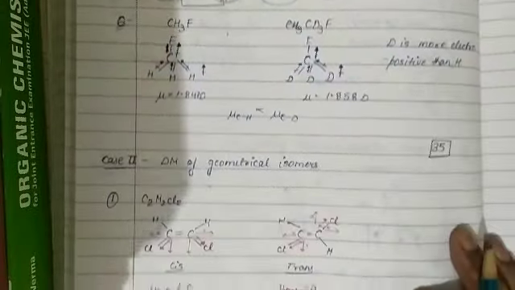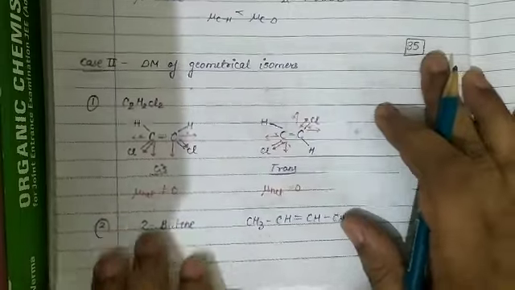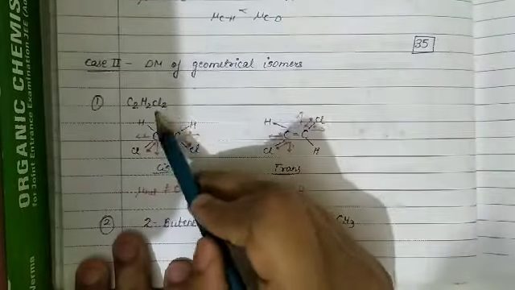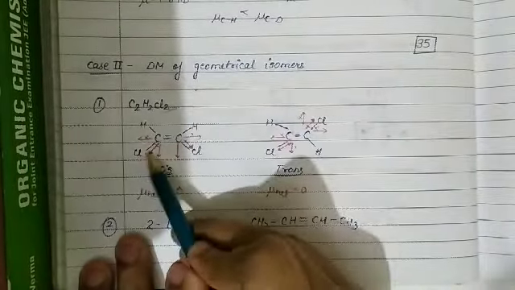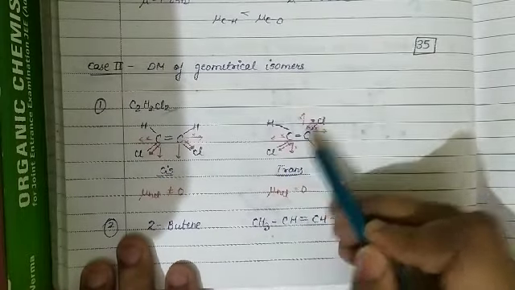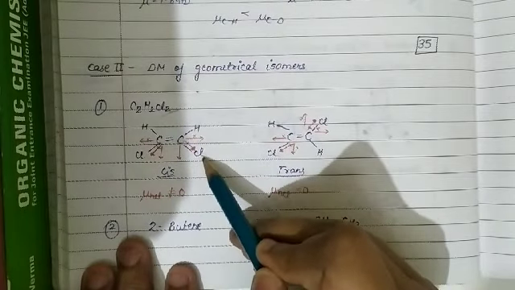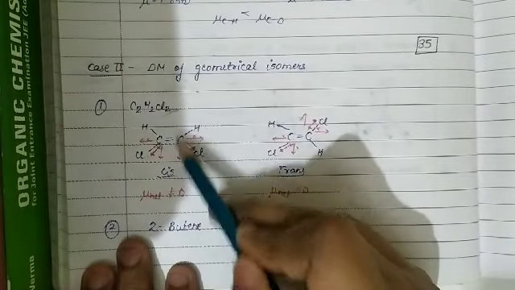Now we also compare the dipole moment of geometrical isomers. See, in geometrical isomerism, if the compound is this one, this is the cis form, two atoms are in same direction, and when two atoms are in opposite direction, this is the trans form. As we can see, plus to minus, more electronegative. So vectors are in same direction.